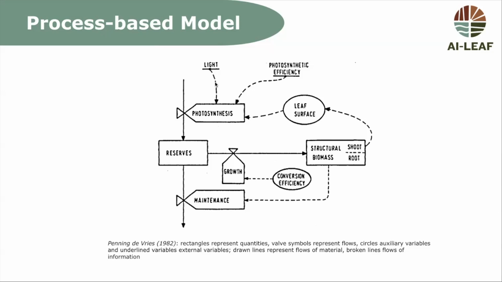They need light, and they also involve some photosynthesis parameters to control the photosynthesis. Then when the stem, like the shoot, gets more carbon, it can give feedback through the leaf surface to the photosynthesis, because the leaf area will increase with more carbon, more biomass. So that's a very simple loop for the process-based model.